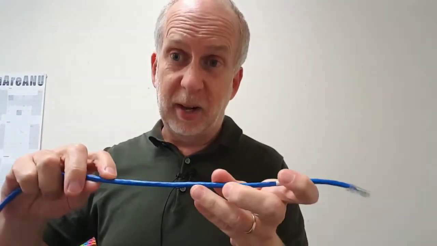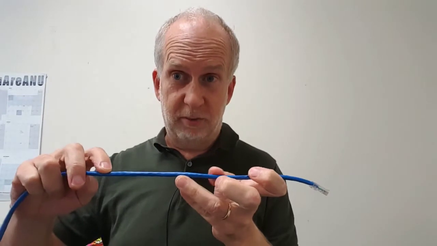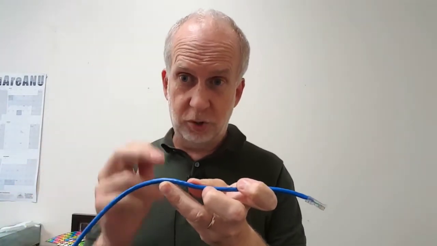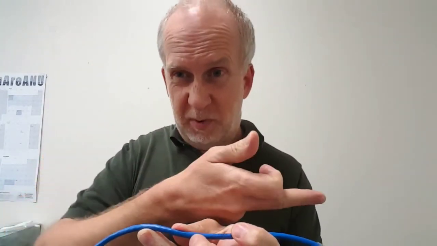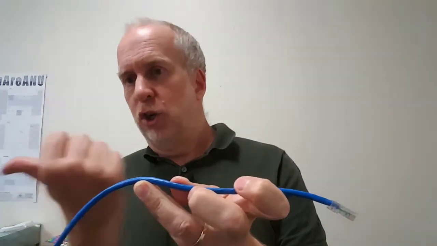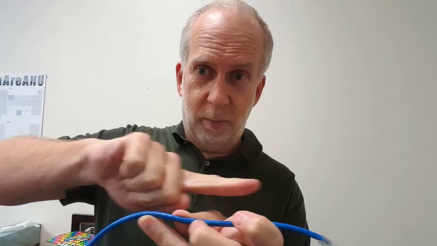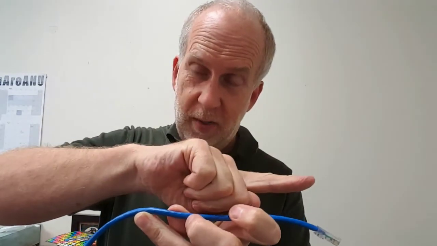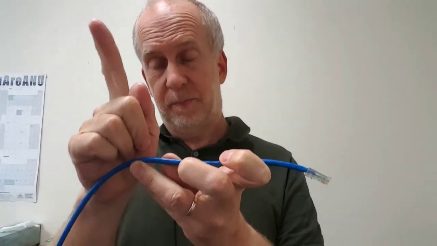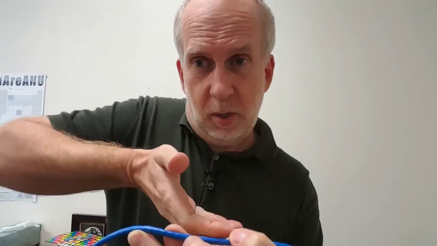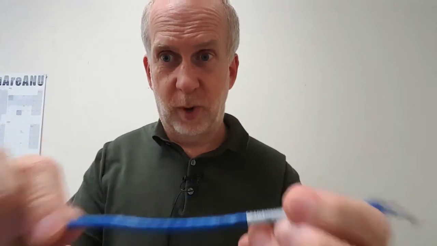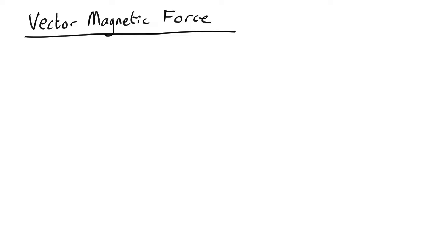It has to be at some angle to it, preferably a right angle to make the force as big as possible. So magnetic field upward. Here, that means the charge is moving that direction. It's actually negative charges going the other way, but just pretend it's positive charges. So we have to go from the velocity, the current, to the magnetic field. So we're curling our fingers like that. So that means the force is going to be in this direction. It's going to push the wire towards you.